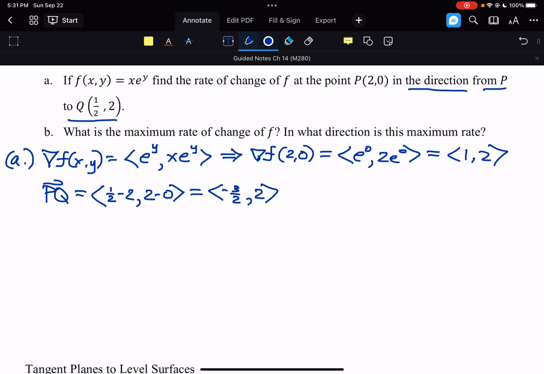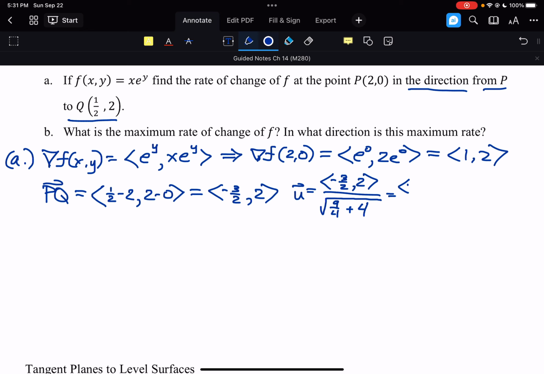And again, we can't assume that this is a unit vector, so we need to go ahead and find the corresponding unit vector. So that's negative 3/2, comma 2, all over the square root of each of these squared. So that's going to be 9 over 4 and 4.